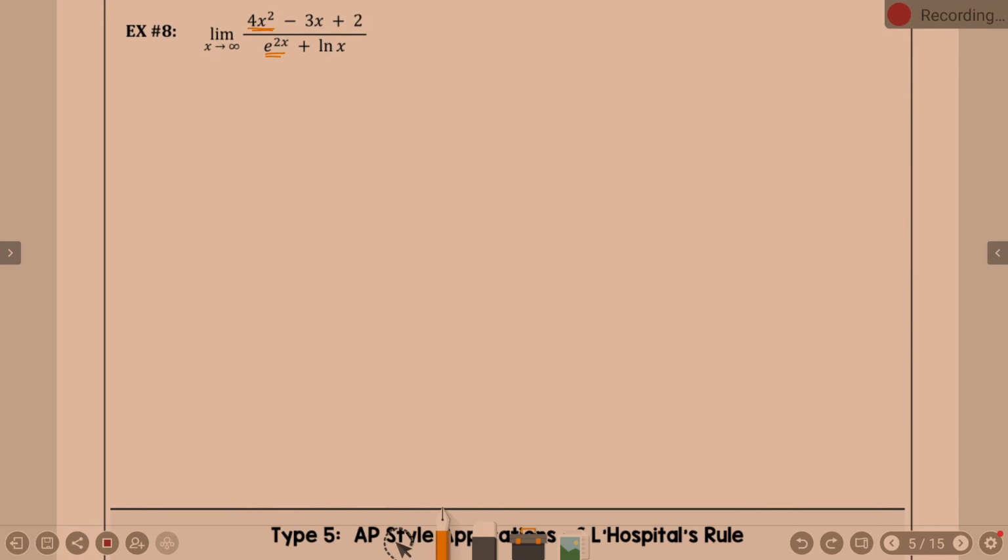And so with that in mind, you could say that e to the 2x has a greater value than 4x squared. With that in mind, we can go with the idea of bigger power on bottom. What is this limit going to equal if the bigger power is on bottom? It's going to equal 0. You may see that that is done in the notes. Now, what's the other plan? Can we still go L'Hopital's?